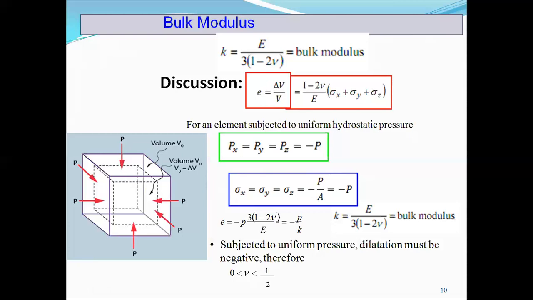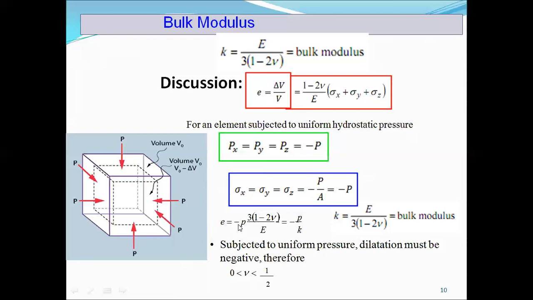You could see that the material would squeeze. So dilatation, that is the change in volume, would always be negative. So this is the reality: in this case, the dilatation E would always be negative.